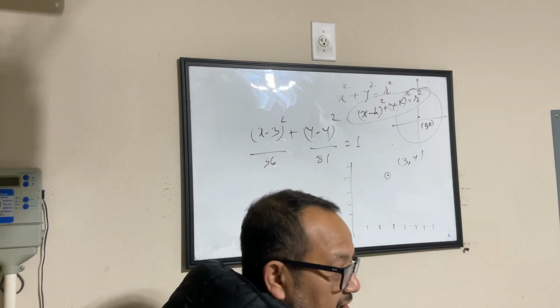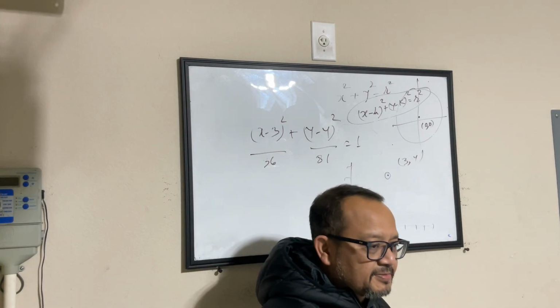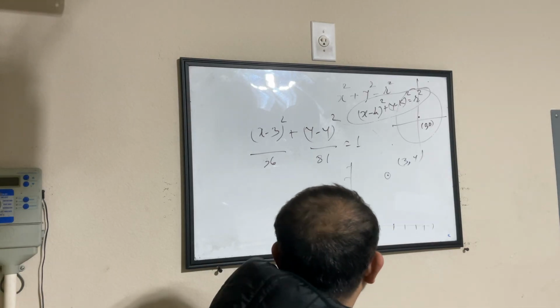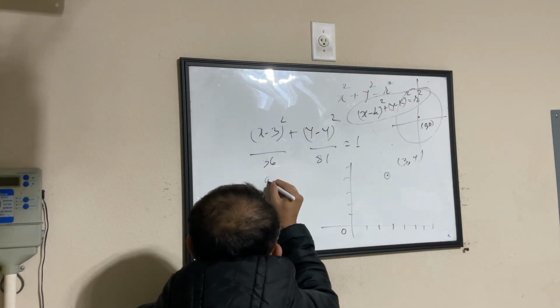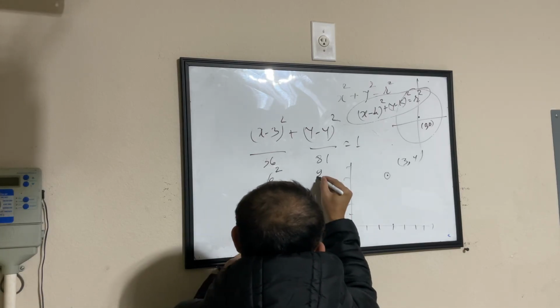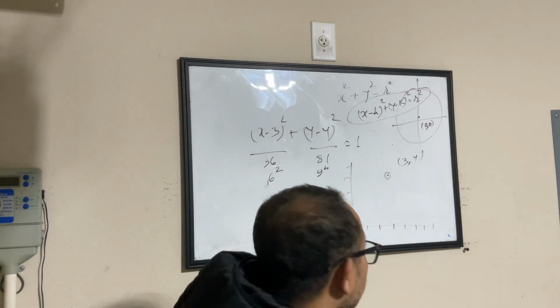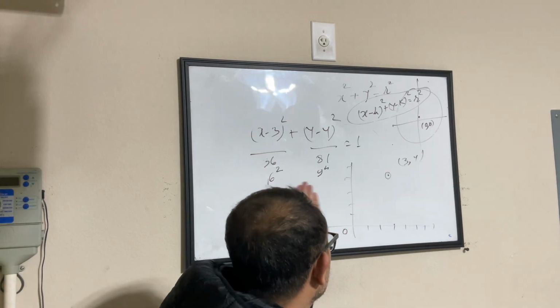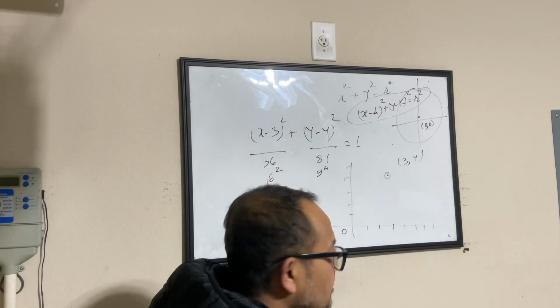Yes. Yeah, Prisha. I'm taking a wild guess. Would it be either 6 or 9 because of the 36 and 81 in the denominators? Yeah. See, this is 6 squared. This is 9 squared. Now, which one is the major radius? Obviously, whichever is bigger, right? That's the major radius. Whichever is smaller is the minor radius, right?